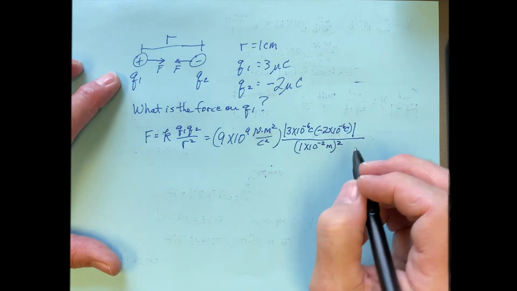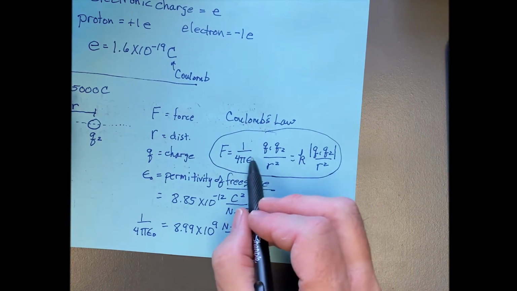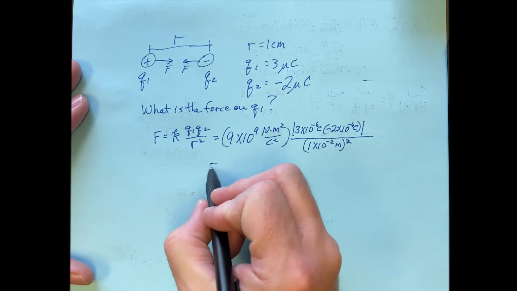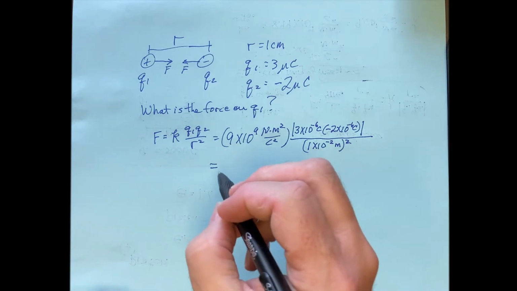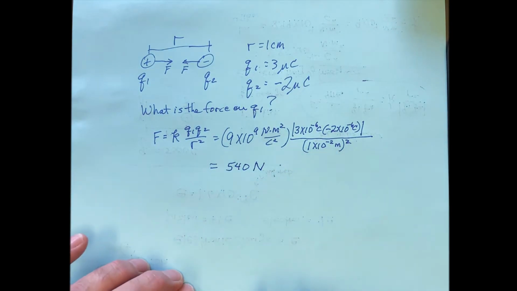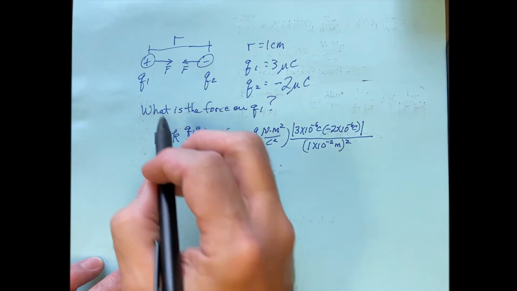Don't forget to square it, okay? And I did write that, see? So it's K Q1 Q2 over r squared. So we are ready to plug in our values and do the computation. And when I do that, I end up with 540 newtons. So the force of attraction is 540 newtons.